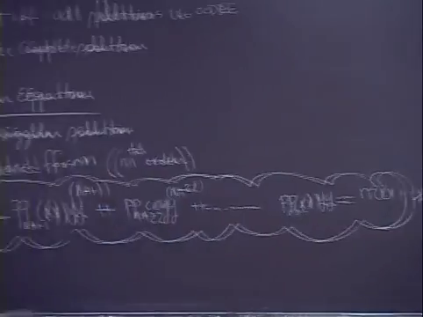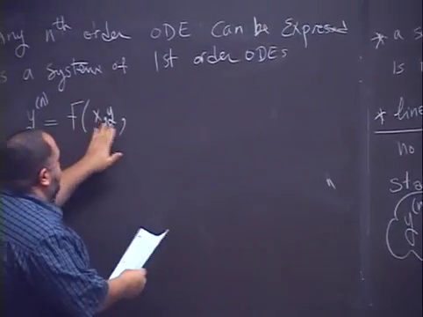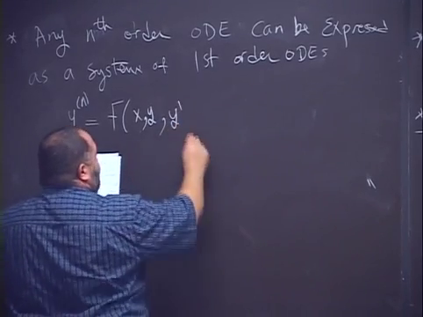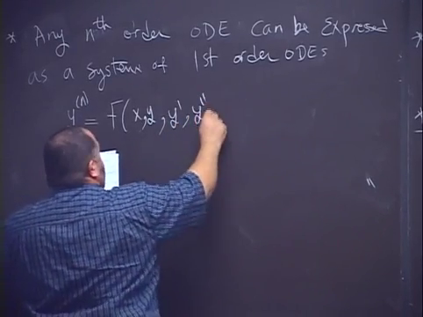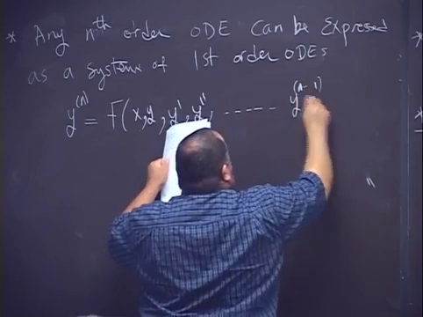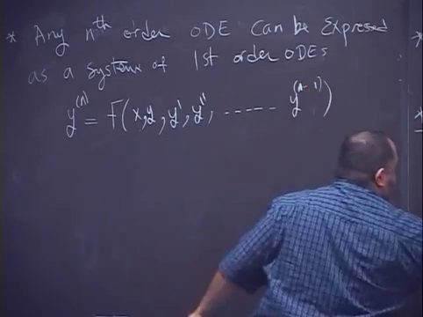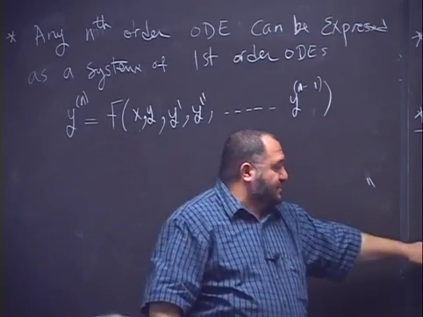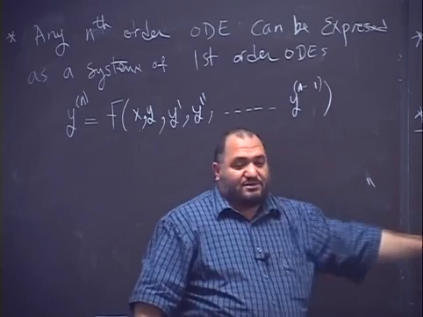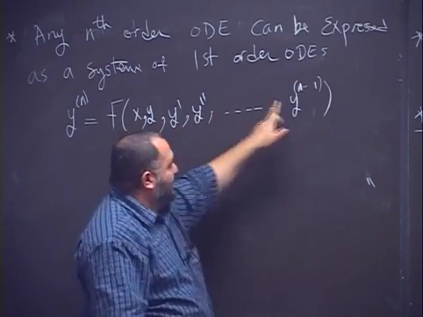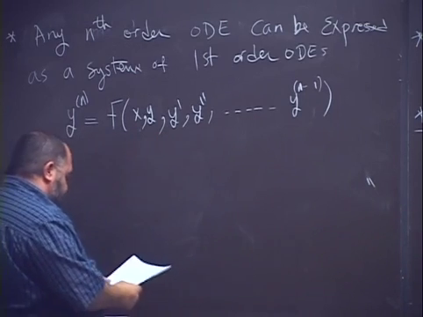So you will have a function of x and y, and y prime, y double prime, up to y^(n-1), which is this term here. So if you move all the rest of the terms except y^(n) to the right hand side, you will get a function of x, y, y prime, y double prime, up to y^(n-1).